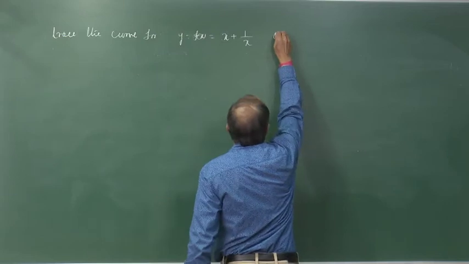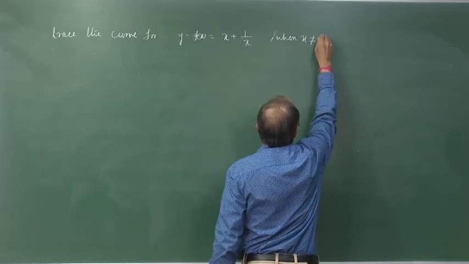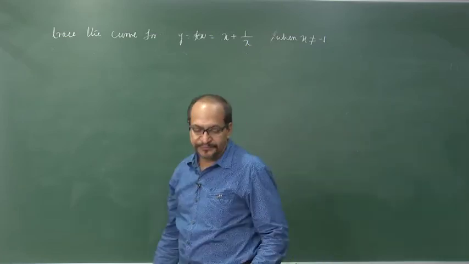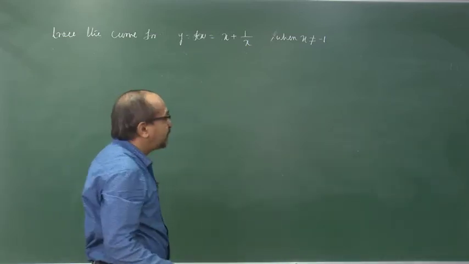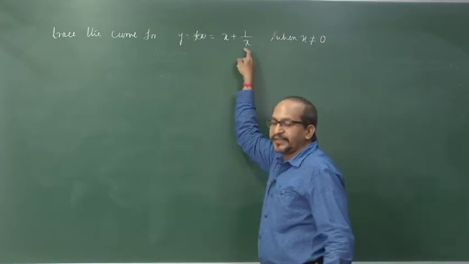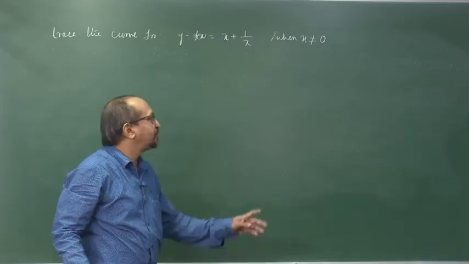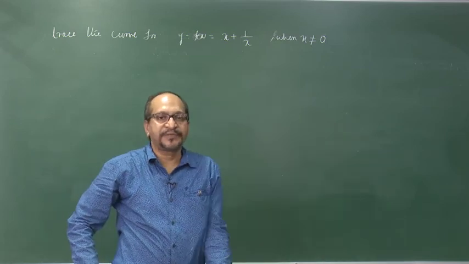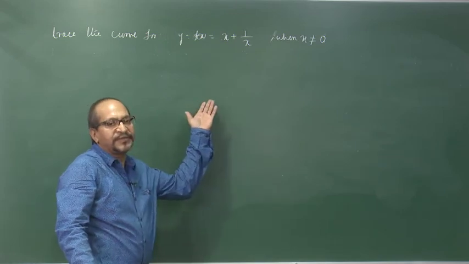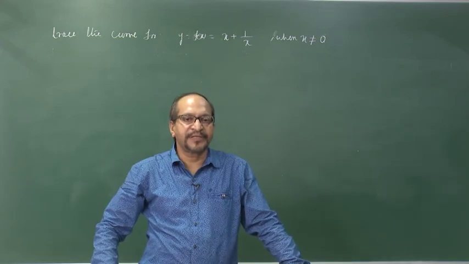This holds when x is not equal to 0, because at x equal to 0 this function does not exist, 1 by 0 is indeterminate. So, except x equal to 0, this function is defined at every point. Obviously, the domain of the function is the entire set of real numbers except x equal to 0.